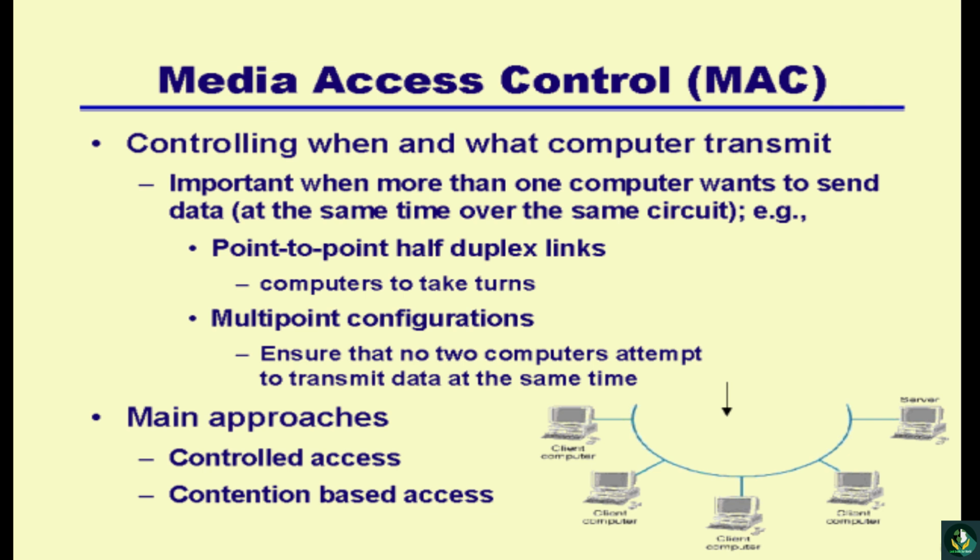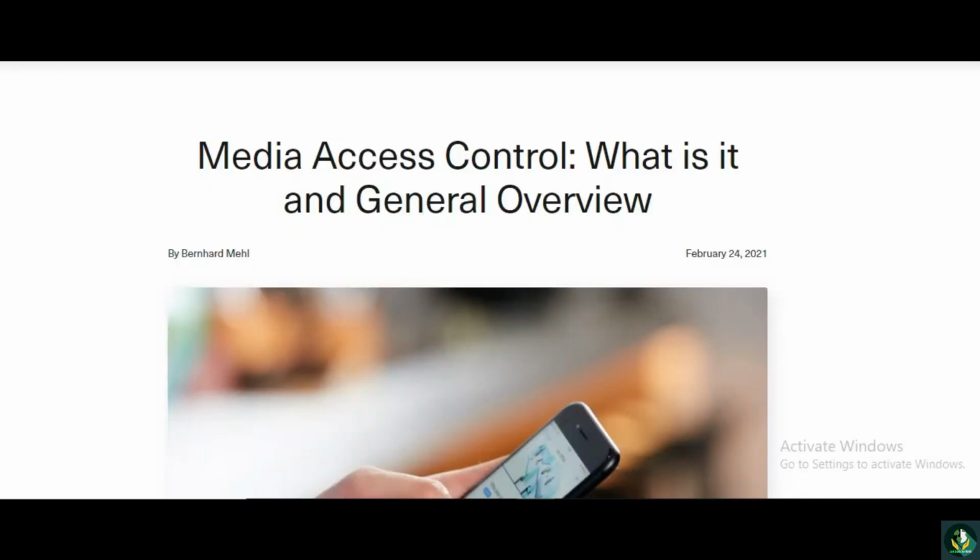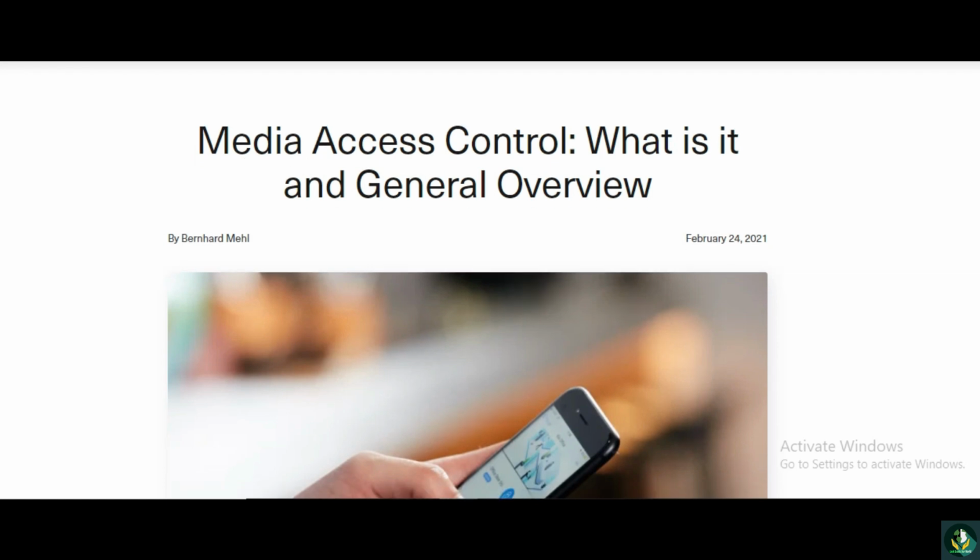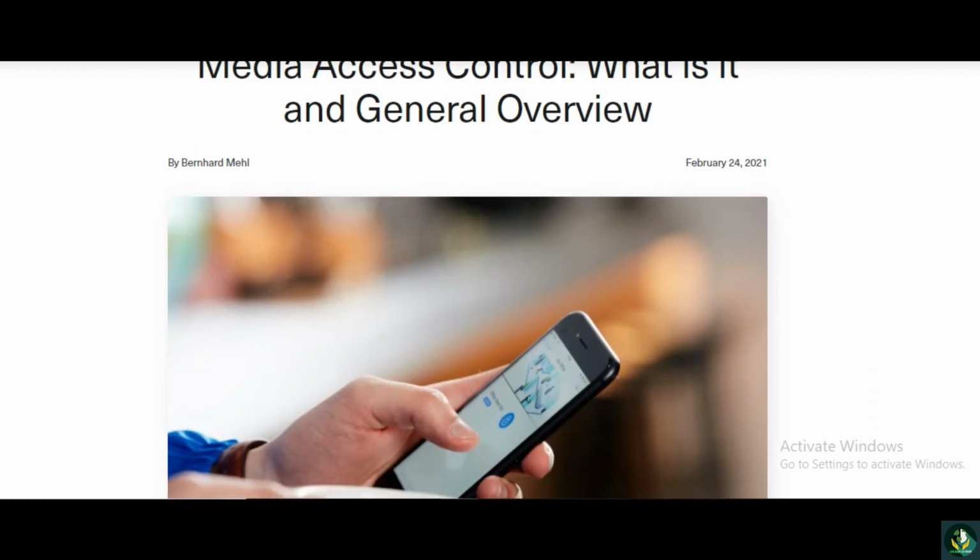So media access control, what is it? As a general overview, media access control is a network data transfer policy that determines how data is transmitted between two computer terminals through a network cable. The media access control policy involves sublayers of the data link layer, layer 2 in the OSI reference model.